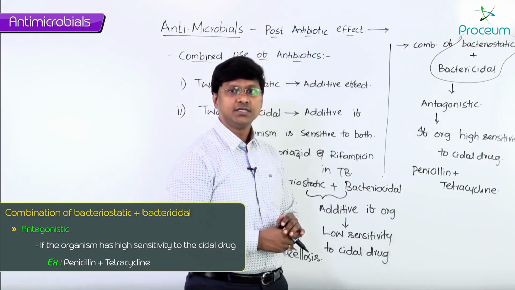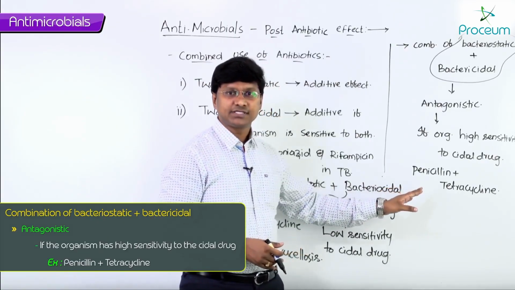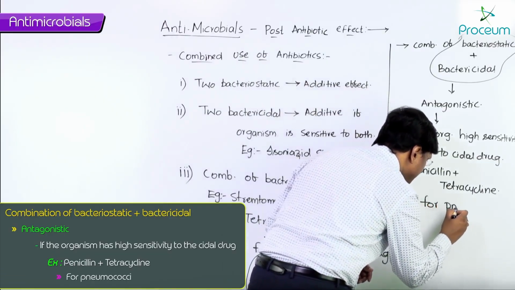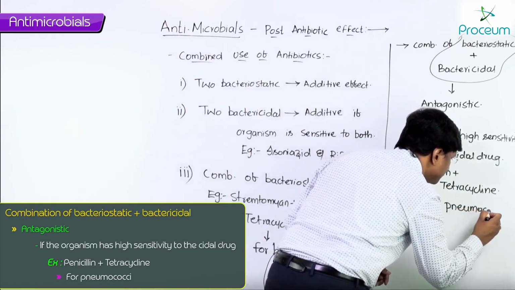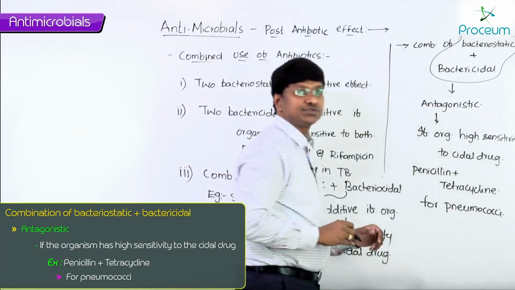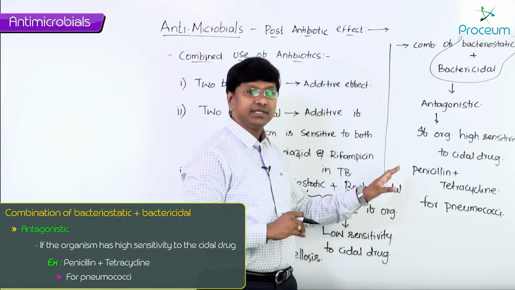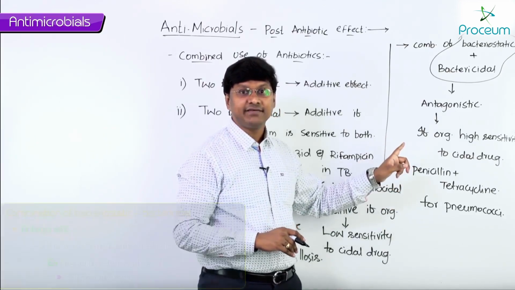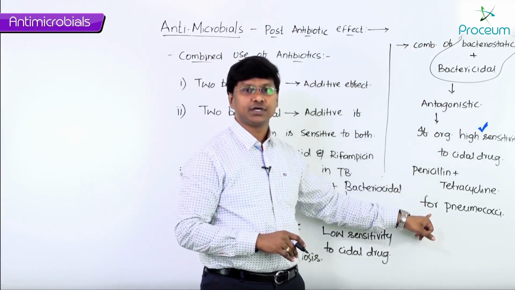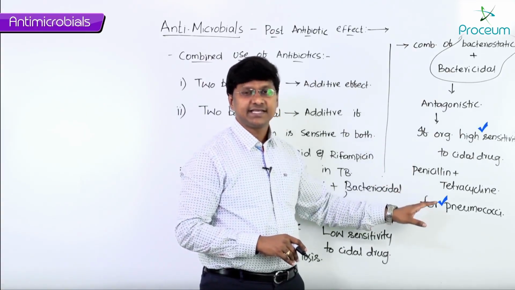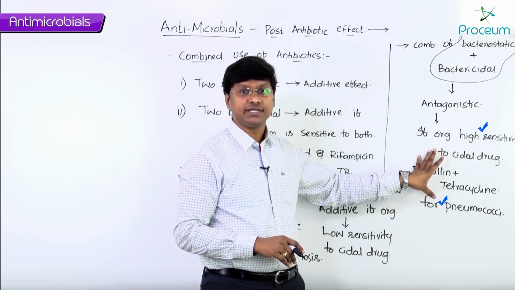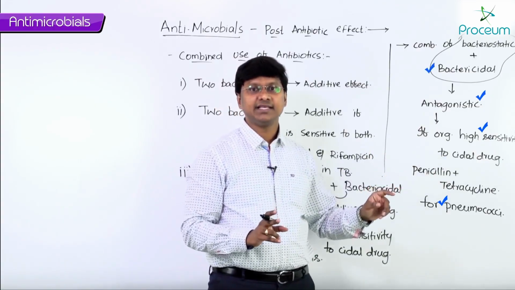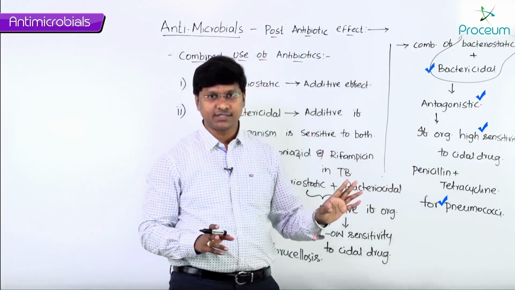The example is this combination for pneumococci. Here the penicillin, which is bactericidal, has high sensitivity to the pneumococci. That is the reason why this combination is antagonistic. If the bactericidal has high sensitivity, the combination is antagonistic.